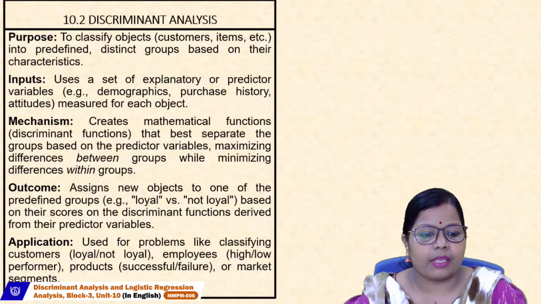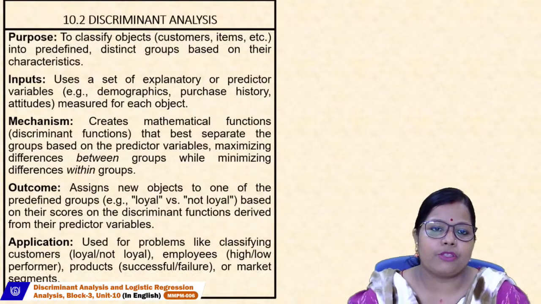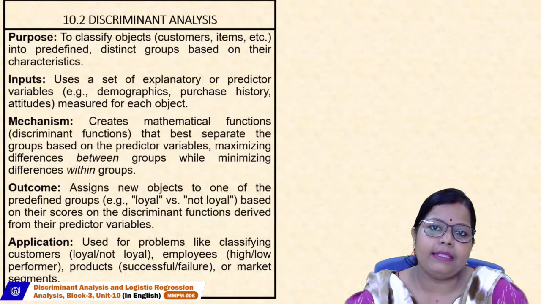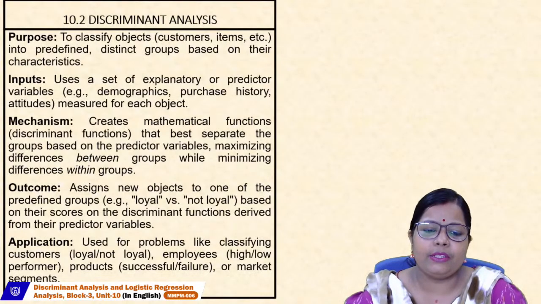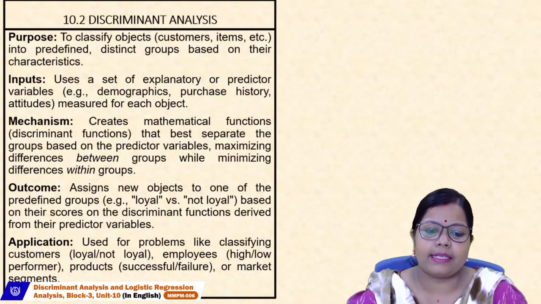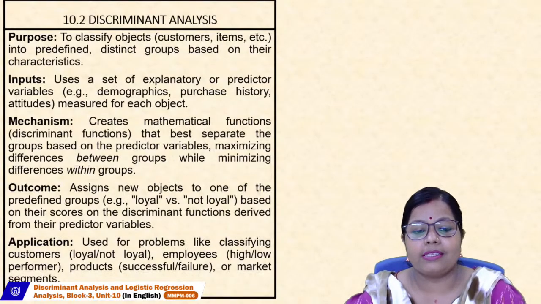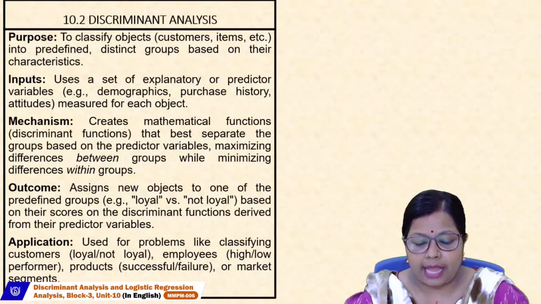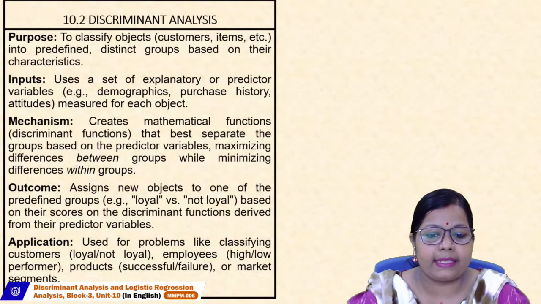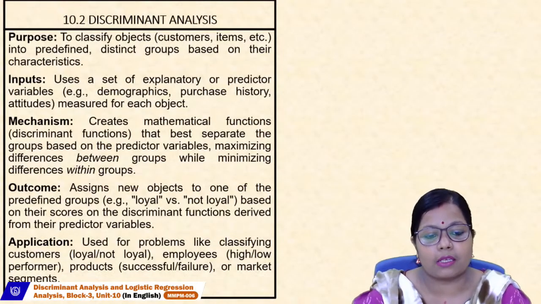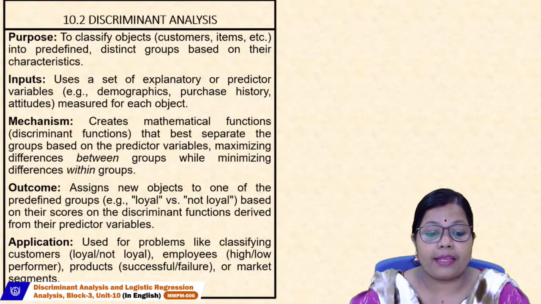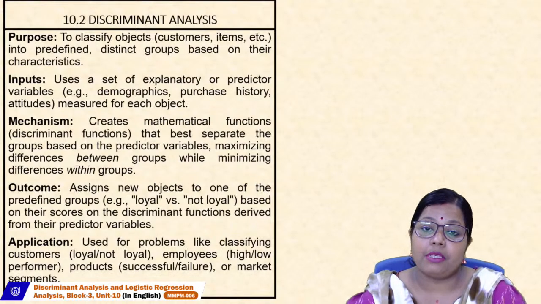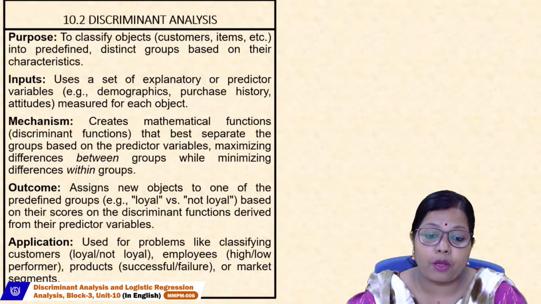So where can we apply discriminant analysis? We can use it for problems where some classification or grouping is involved in my research. Suppose I have two groups, those who like the product and those who do not, success and failure of a product, or high and low performers among employees in a job place.